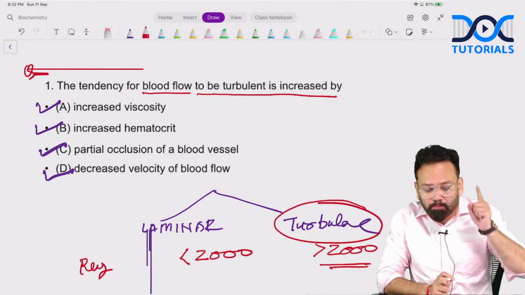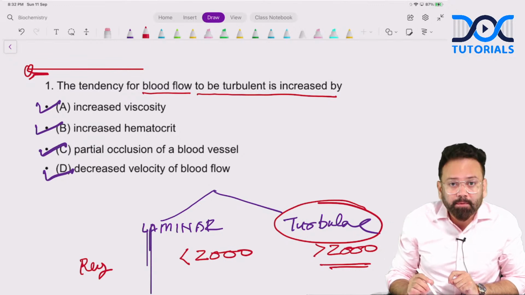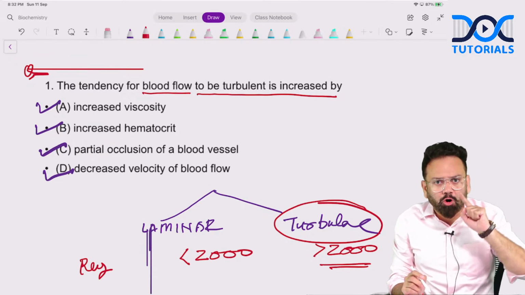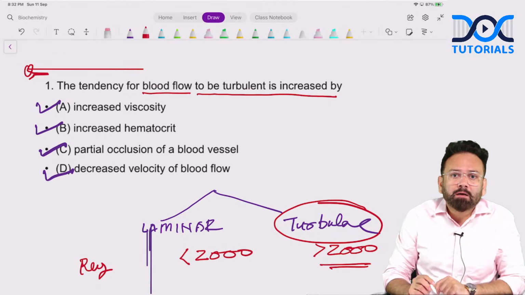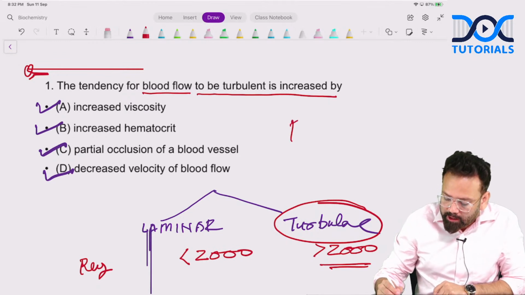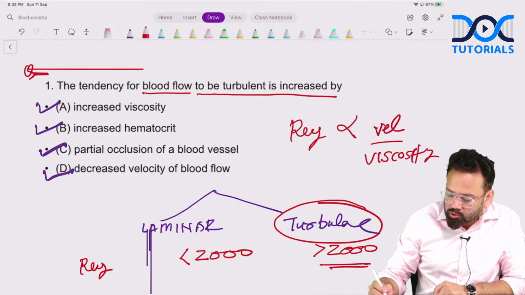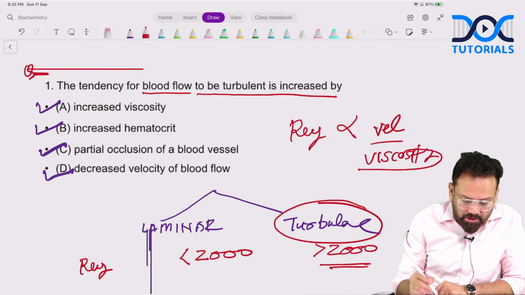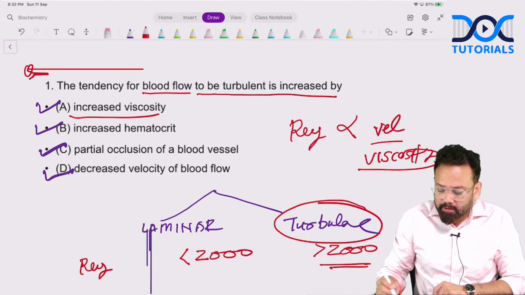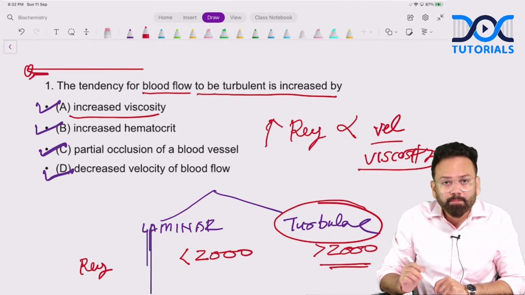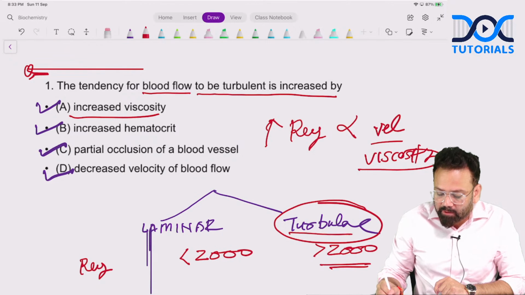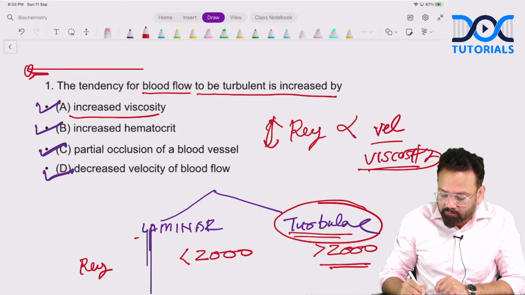And number 2, more is the viscosity, lesser will be the Reynolds number. So, Reynolds number is proportional to velocity upon viscosity. If viscosity is more, Reynolds number will be less and fluid will be laminar.